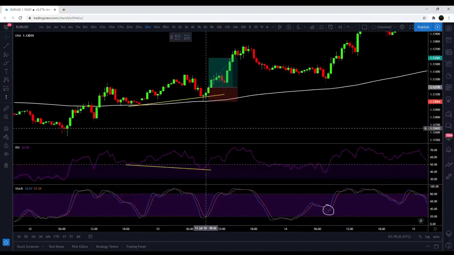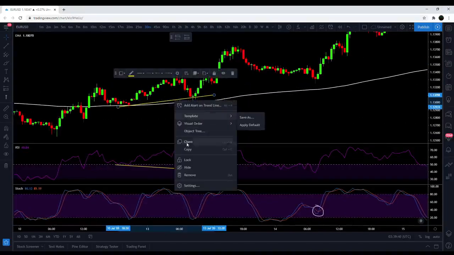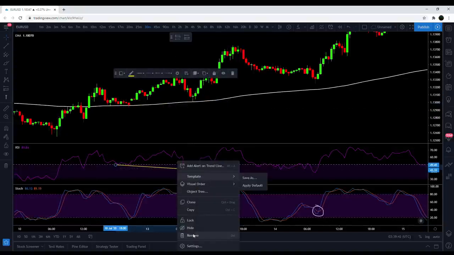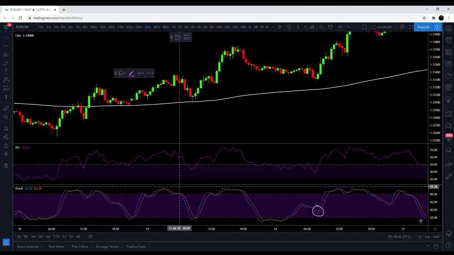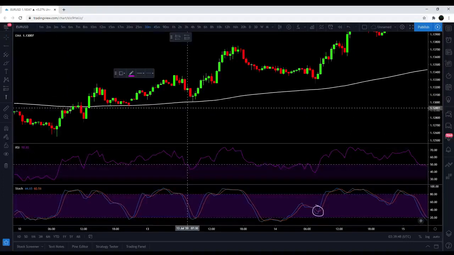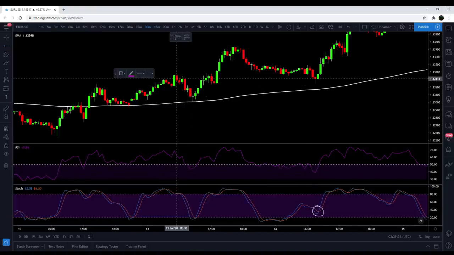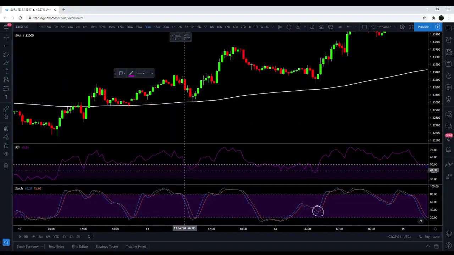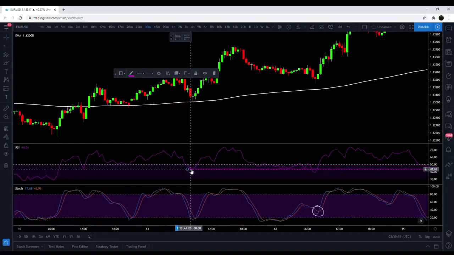All right, so let's go to another example now. When you're looking for hidden divergences, what you can do is take a horizontal line and identify the low on the RSI. So now that we have this low here, you can put in a horizontal line on the low of this RSI.